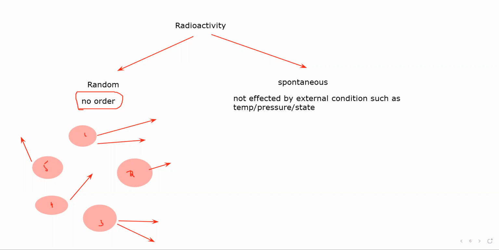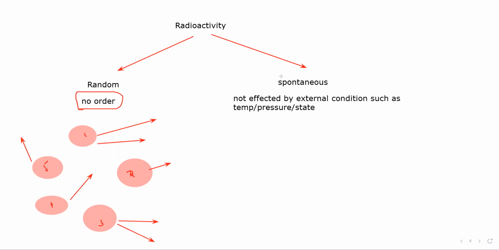Definitely that will emit radiation. But if you have identical radioactive nuclei and you want to state which will be the next one to emit radiation, in that case we cannot predict. Is it clear? Yes, sir, it's clear. Thank you.